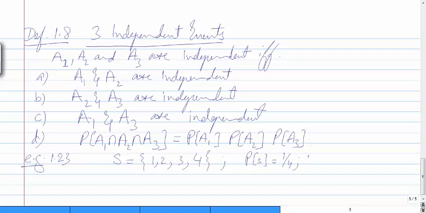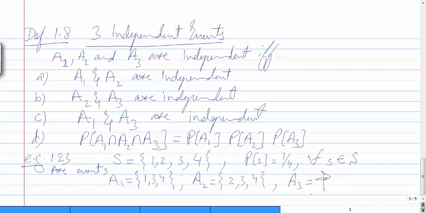Now the question is: are the events A1, that is 1, 3, 4; A2, that is 2, 3, 4; and A3, that is equal to the null set, independent events? So this is the question we need to answer.